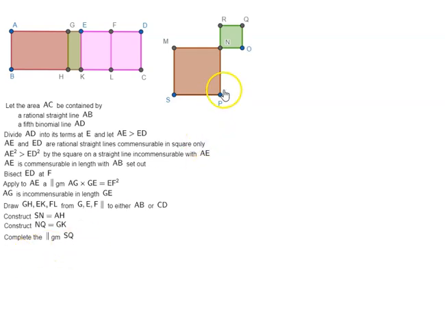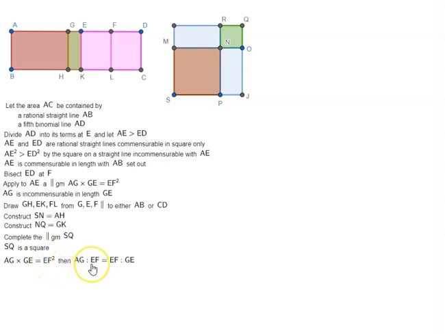Now complete the parallelogram SQ. So basically we have to complete this rectangle and this rectangle. Based on the lemma that we saw in proposition 54, we can say SQ is also a square, and AG by GE is equal to EF square.